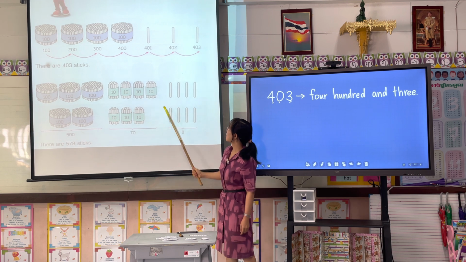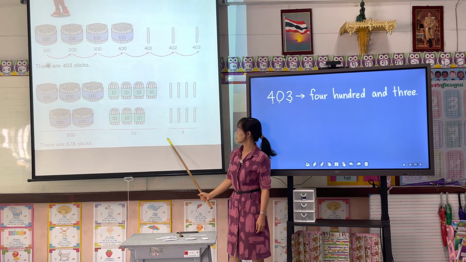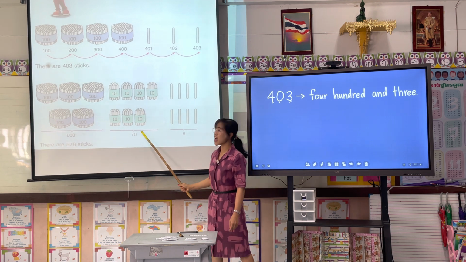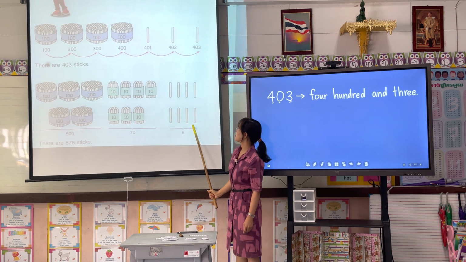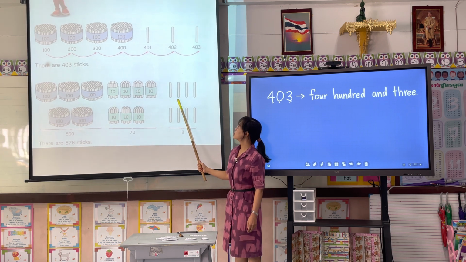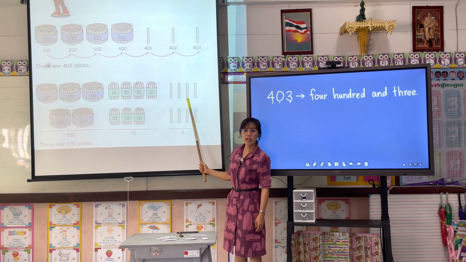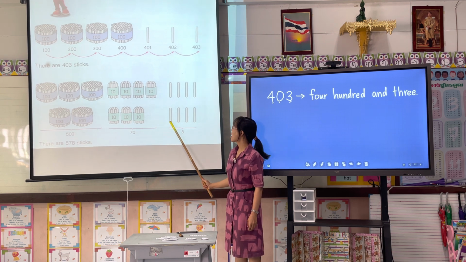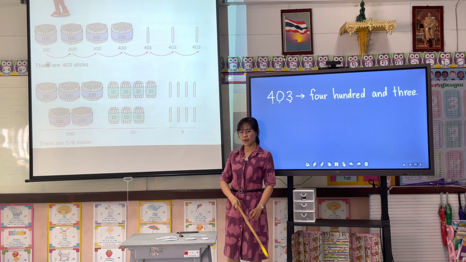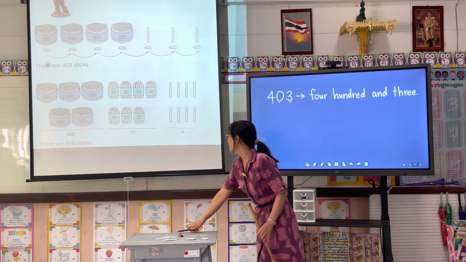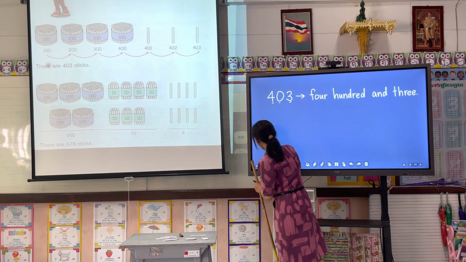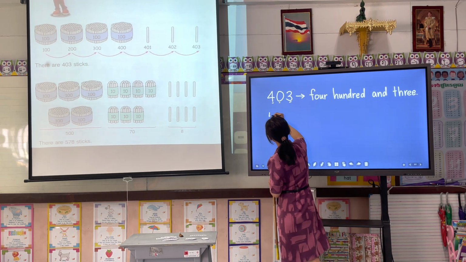Alright, what about the ones? Right, these are the ones. Hundreds, tens, ones. Okay, how many ones? 1, 2, 3, 4, 5, 6, 7, 8. Okay, so 500. Can you please count?